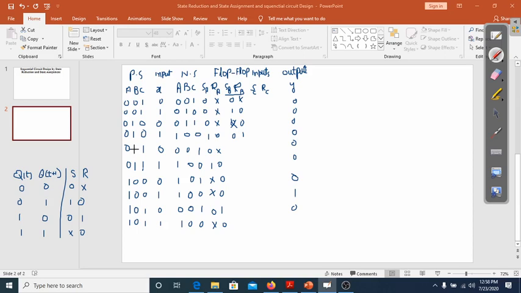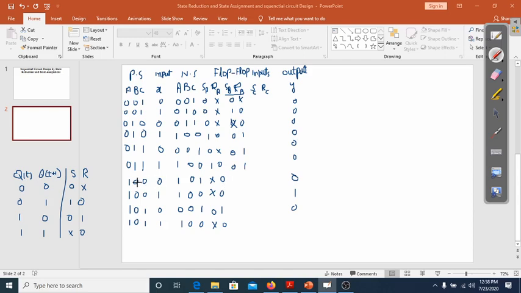Present state is 1 and next state is 0. In this case reset is 1 and set is 0. Present state is 1, you can see here, next state is 0, so set is 0, reset is 1.